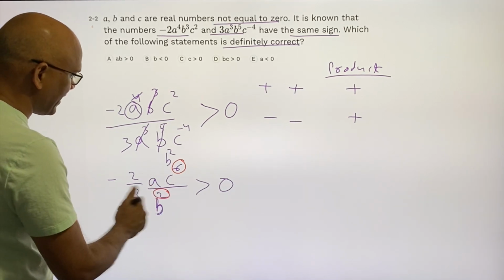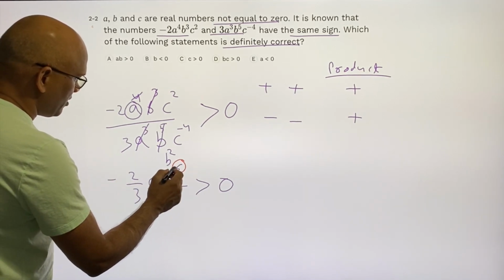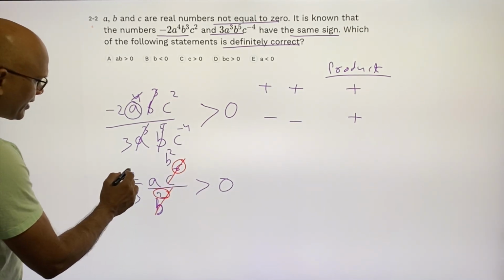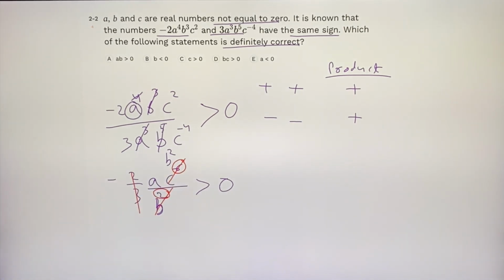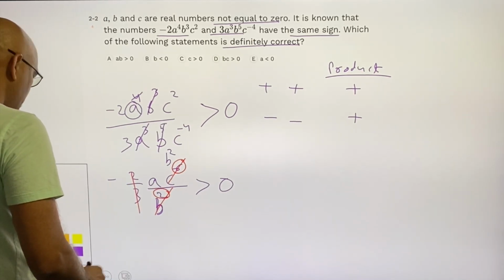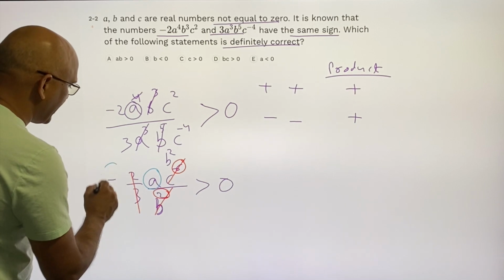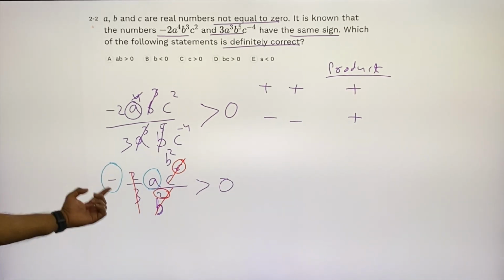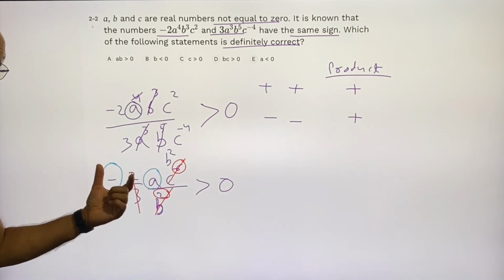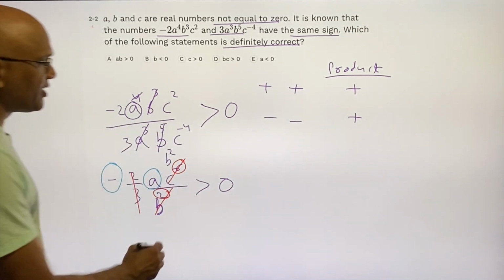So I can divide them out, I can take them out. 2 by 3, I also know that they are positive. So the only thing remaining then is a and a negative sign, right? So negative a is greater than 0, right? That means a must be less than 0.